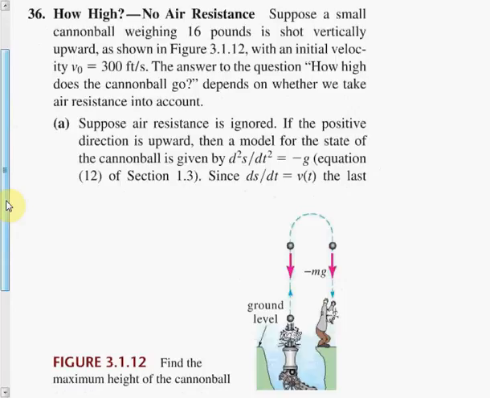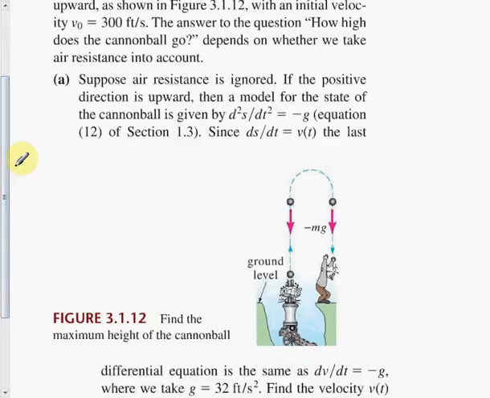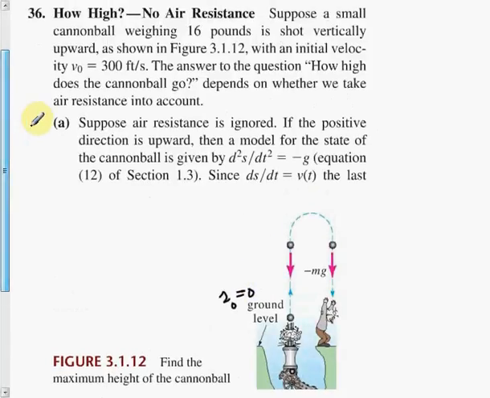Suppose a small cannonball weighing 16 pounds is shot vertically upward, as shown here in the figure. And it's being shot from ground zero, so the initial height s sub 0 is going to be 0. It tells us that its initial velocity is 300 feet per second, so that's good to know.